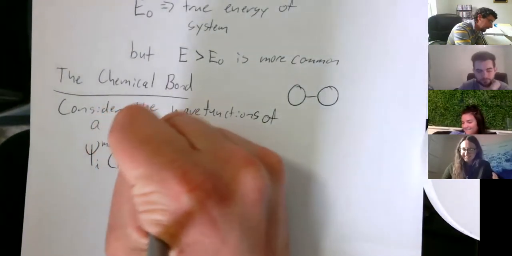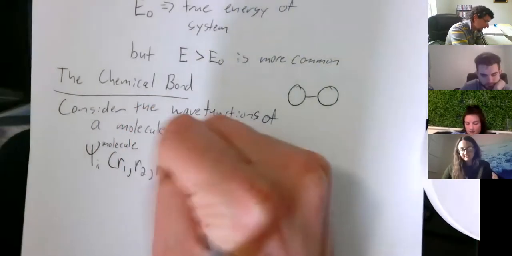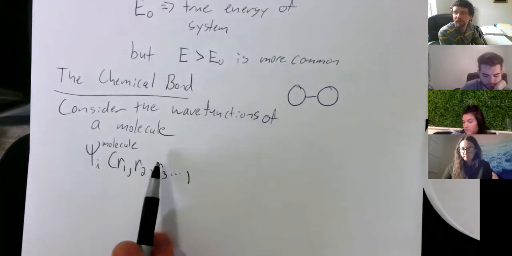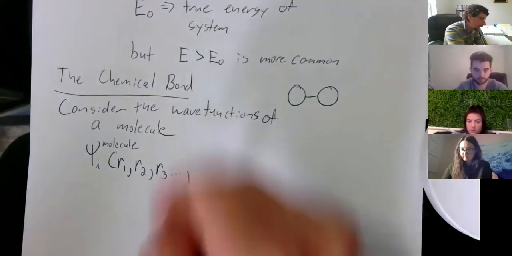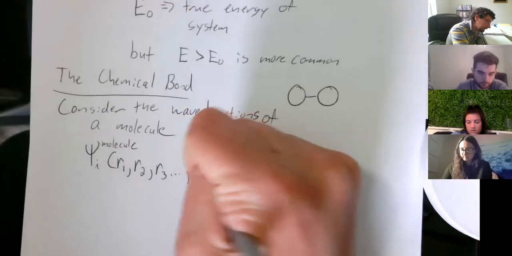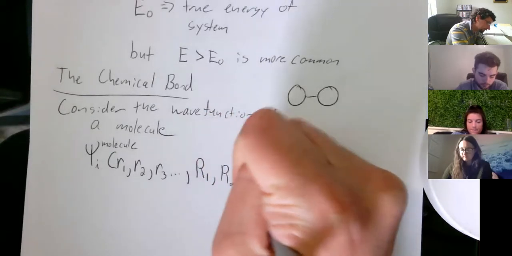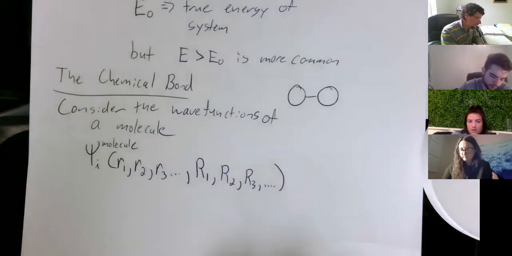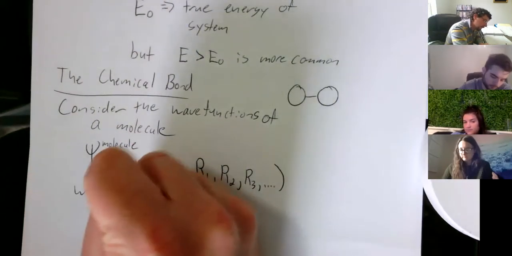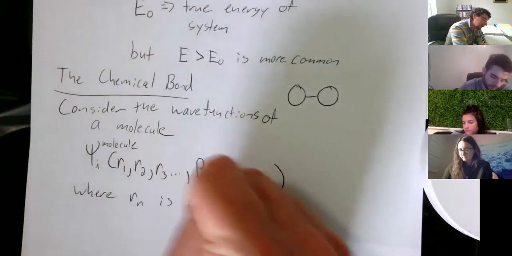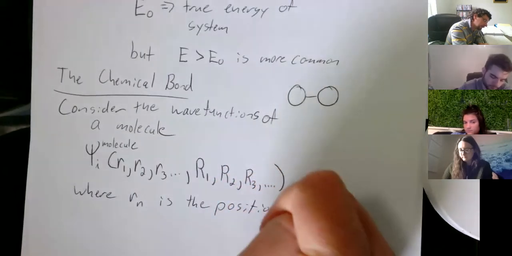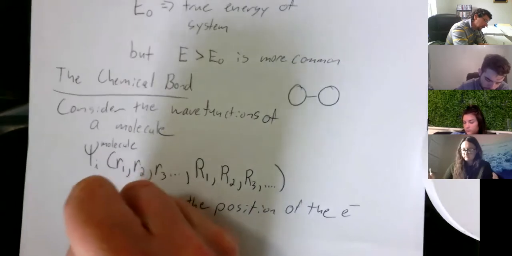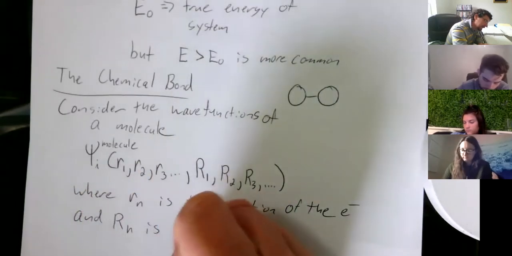What else are we talking about? The nucleus. Yep, the nuclei. So we're going to show the electron's coordinates with little r, and the nuclei with capital R. Where r sub n is the position of the electron, and capital R sub n is the position of the nuclei.